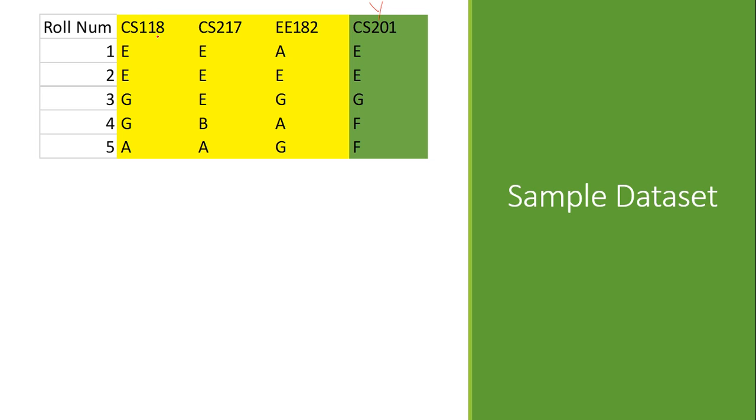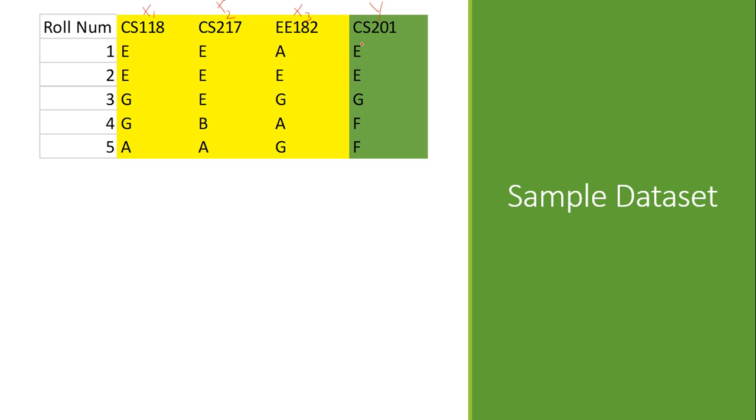CS118, CS217 and EE182 are the course codes. So I can call them x1, x2, and then x3.